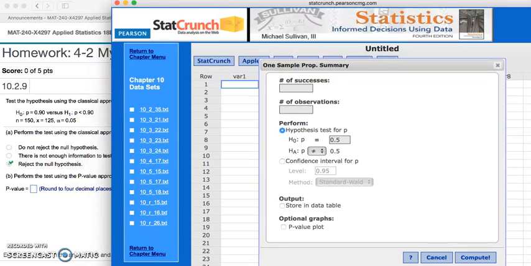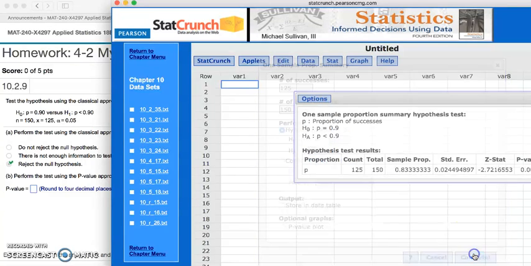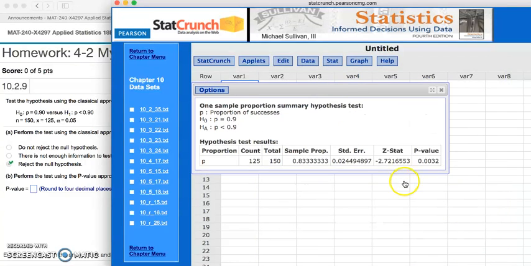X, the number of successes, is 125. The number of observations is 150. Again, we have 0.9 and less than 0.9.